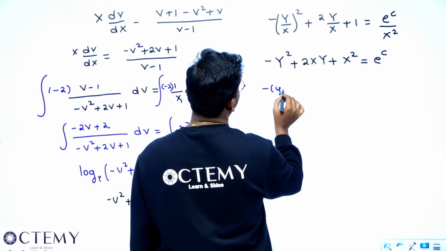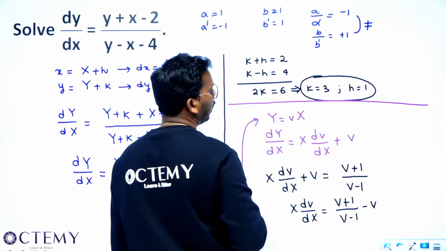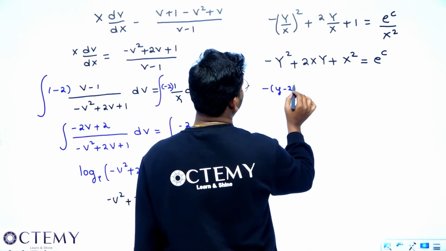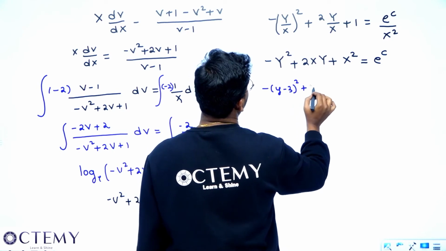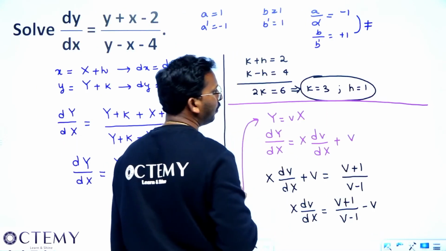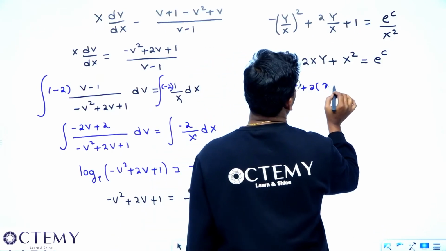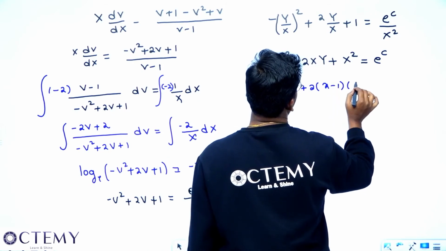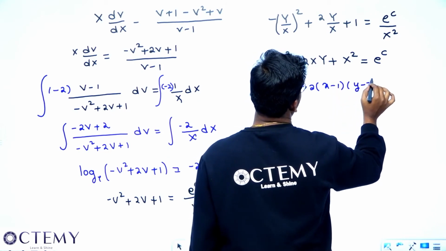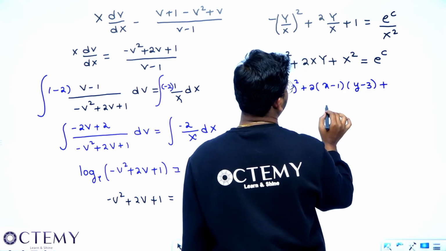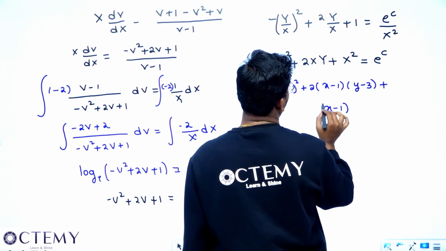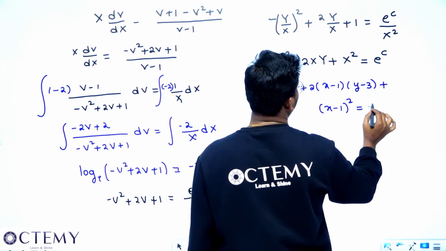The k value is 3. So minus (y minus 3) whole square plus 2 into (small x minus 1) into (y minus 3) plus (small x minus 1) whole square is equal to e power c.